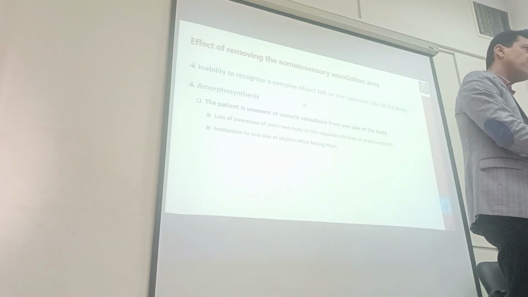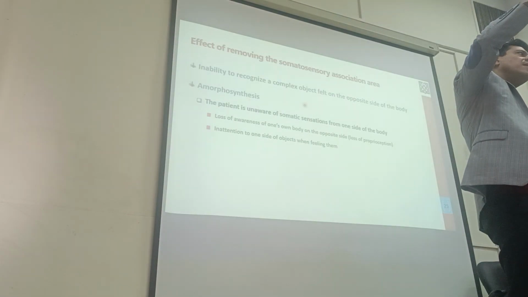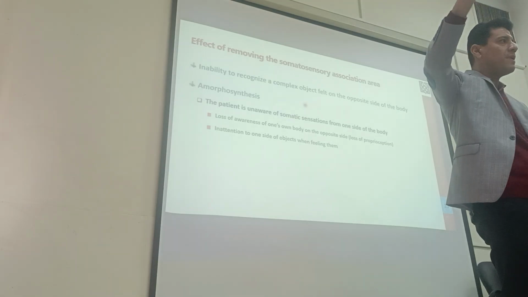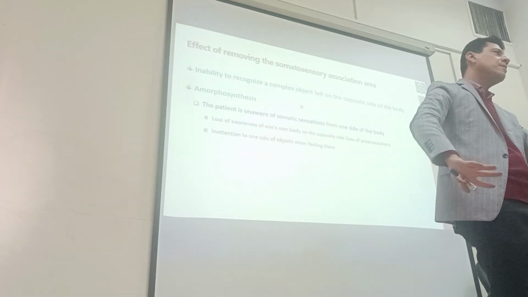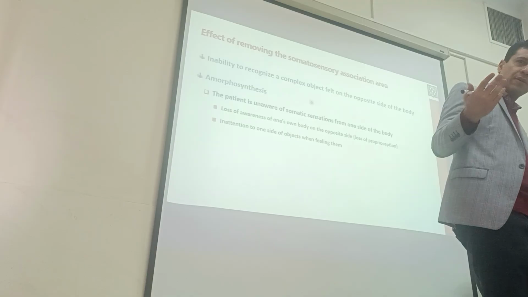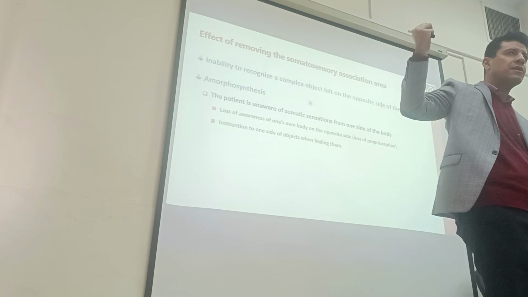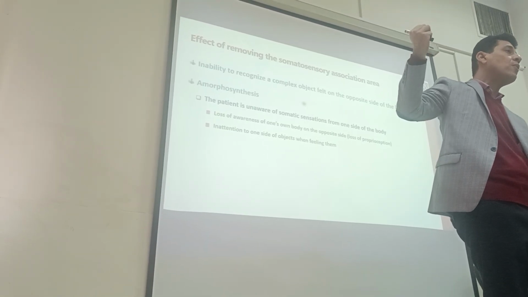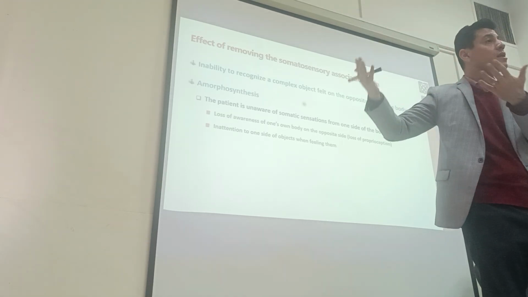Why? Because information from joints and muscles goes to the brain, Brodmann area 3A and 2. Then from here it goes to Brodmann area 5 and 7. Here you know the shape of the body, position of the body, posture of the body, position of the parts of the body. Right? Now, if there is damage here, the patient is not able to understand the position. So we say that proprioceptive processing is lost.